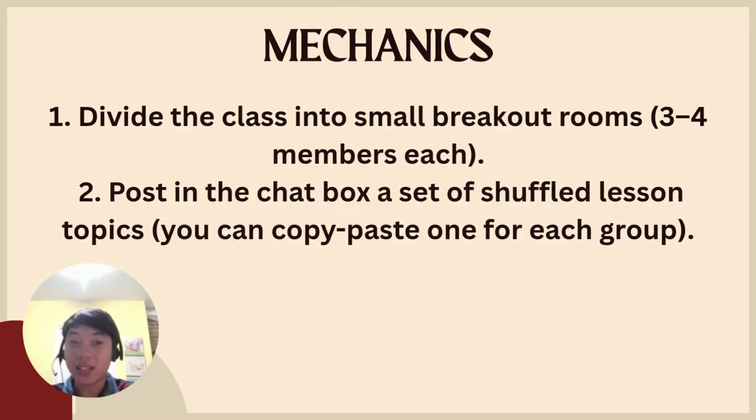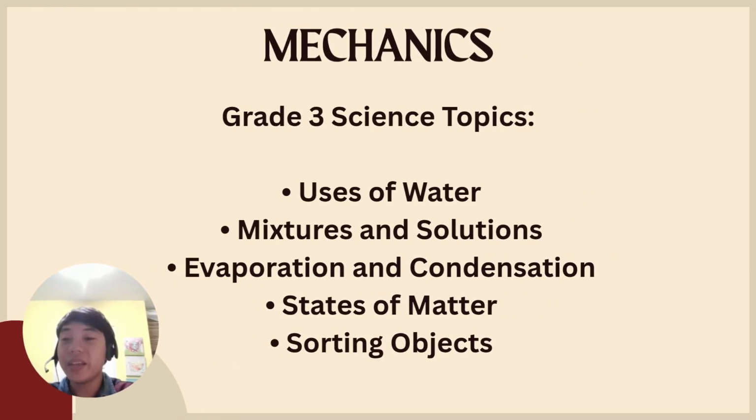Post in the chat box a set of shuffled lessons or topics that you can paste, one for each group. So here are the Grade 3 science topics: uses of water, mixtures and solutions, evaporation and condensation, states of matter, and sorting objects.